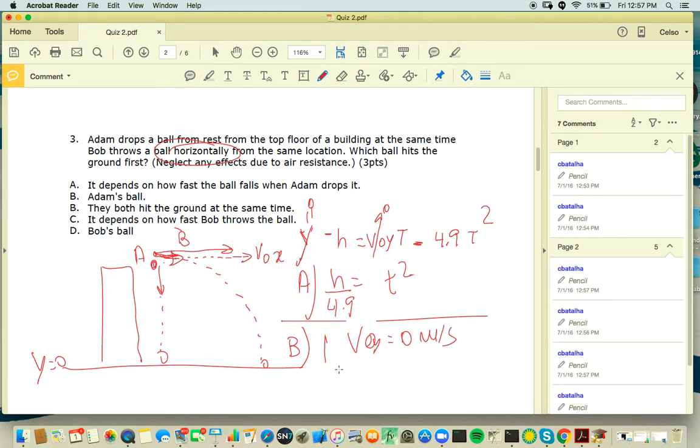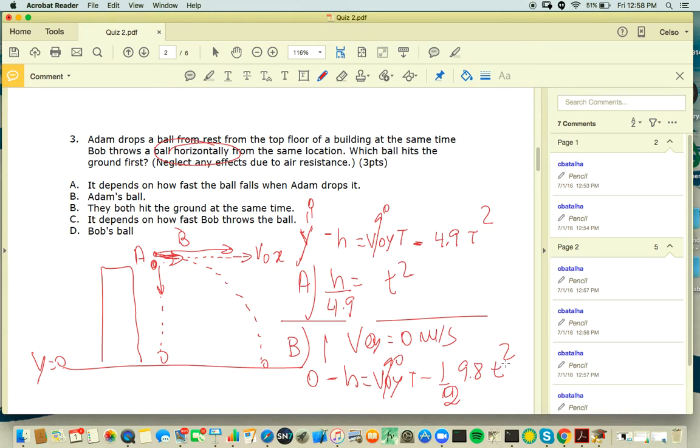So when you set the same equation for Bob, what you get is final position minus initial position is equal to v naught y, which is 0, times t, minus half of 9.8 t squared.